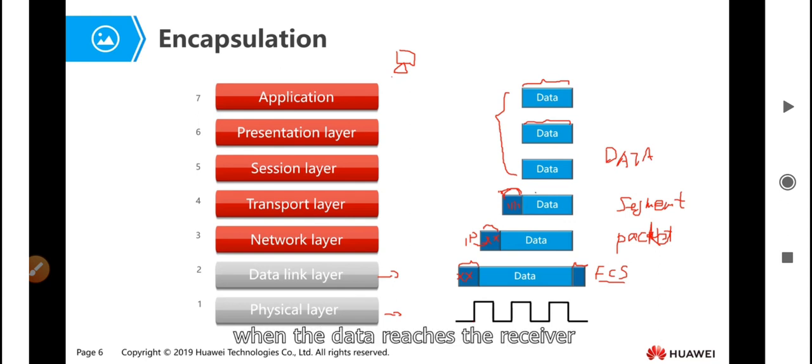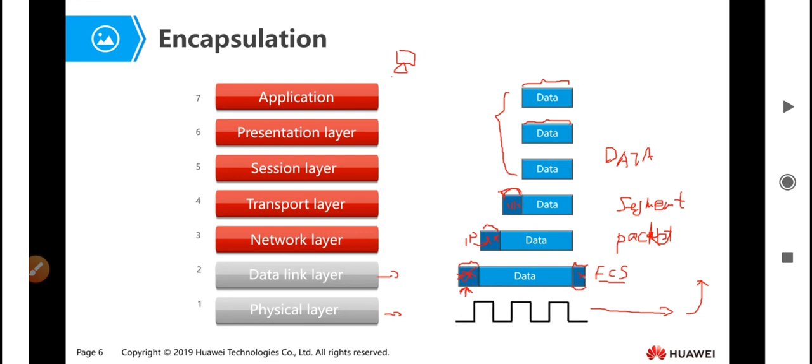Of course, when the data reaches the receiver, the receiver gets the signals and first sends them to the second layer. The second layer first checks if there are any errors in the data. If there are no errors, then it decides who should receive. If it's me, I should receive, then it receives it, this header is stripped, and then it's sent to the upper layer.